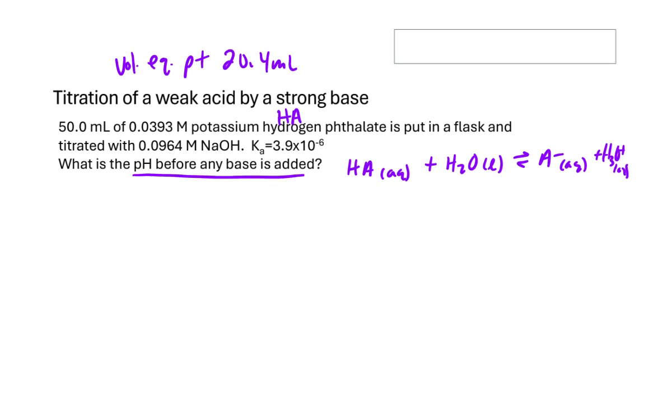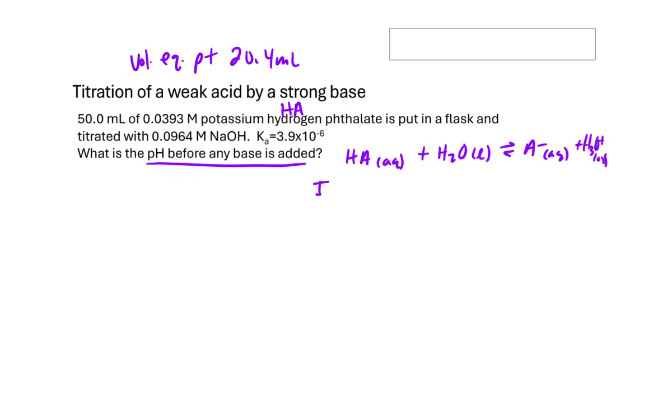So in doing that, we'll have an initial concentration of our HA, a change in concentration, and our equilibrium. We know that the concentration of KHP, in this case our HA, is 0.0393 moles per liter, and our initial concentration of products is 0.